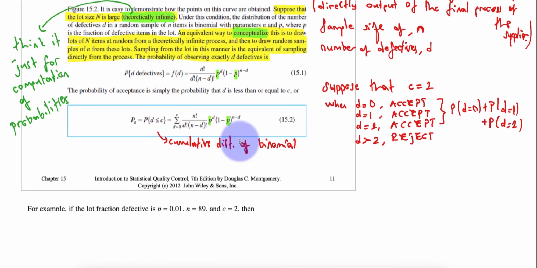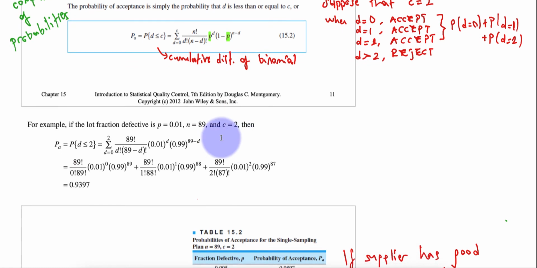For example, if the lot fraction defective P is equal to 0.01, it means 1% defective. And when the sample size is 89 and C is 2, then the probability of acceptance will be the probability that D is not higher than 2.